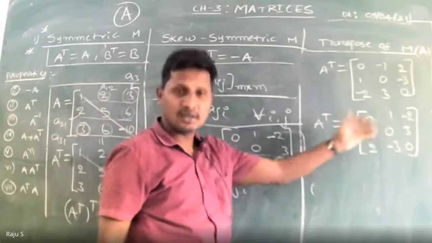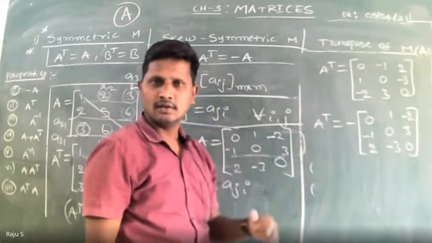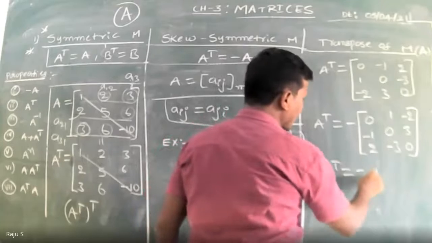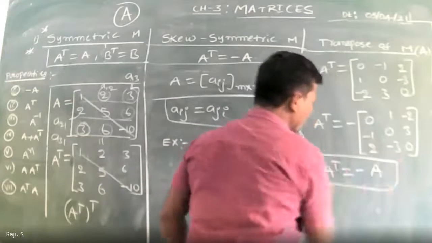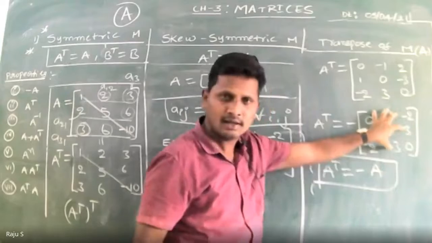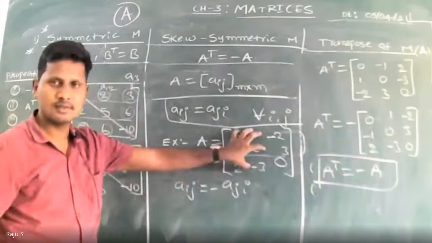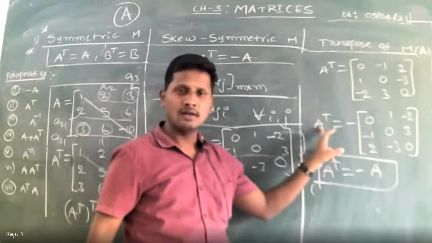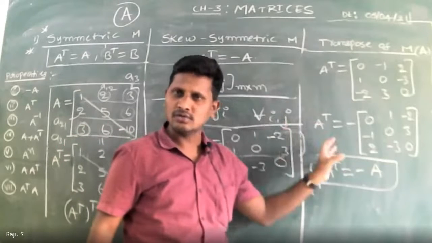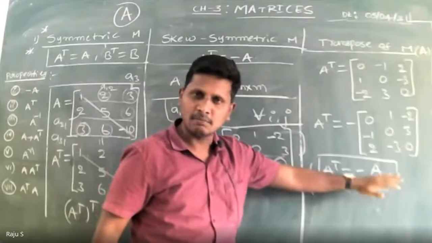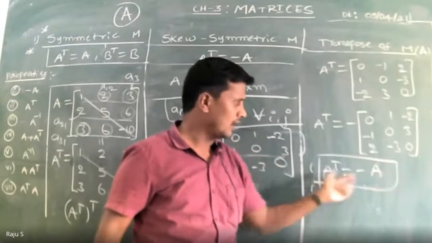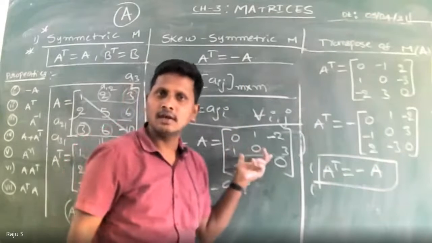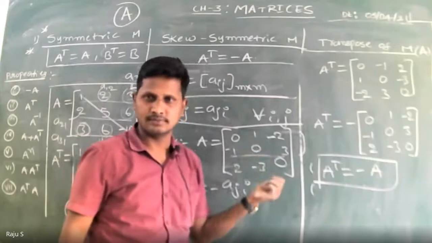Now if you observe here, A transpose is clearly equal to minus A. This is clearly the given matrix, and after interchanging rows and columns, finally we got minus A. So A to the power of T is equal to minus A. Clearly this matrix is a skew symmetric matrix.